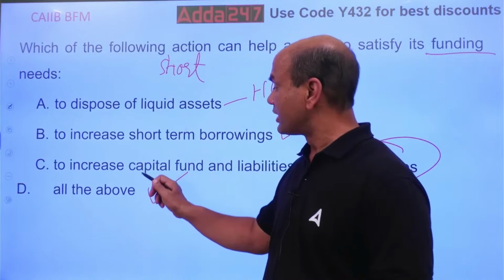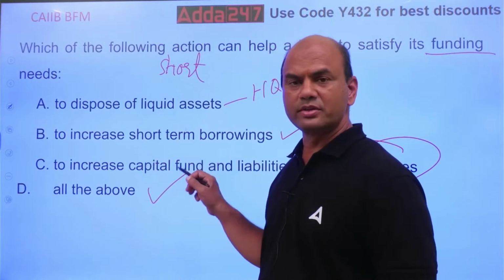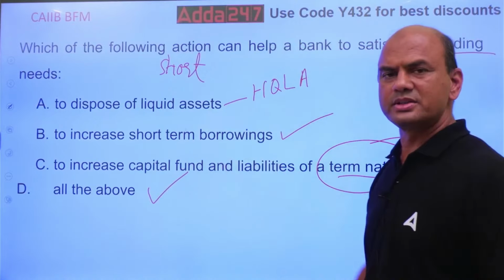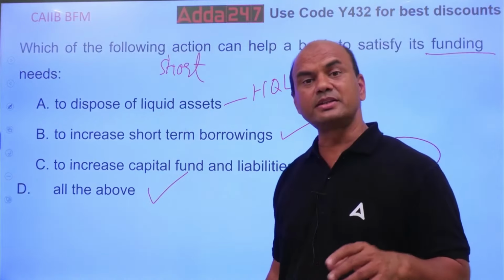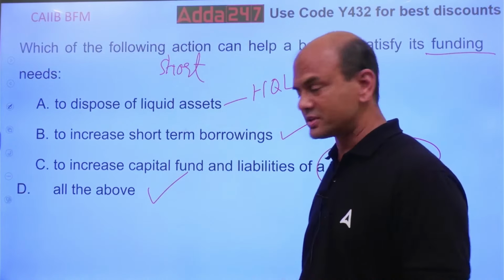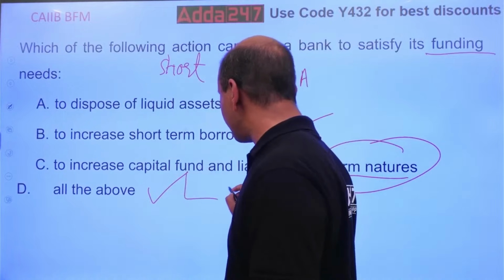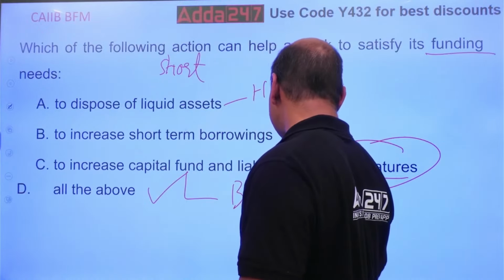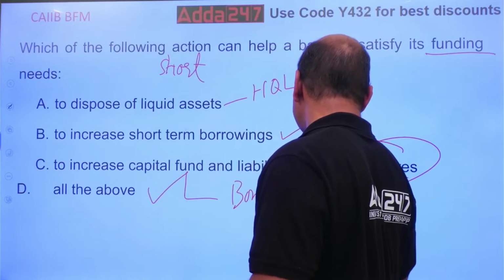Isn't it? What is capital funds? Okay, you got this liabilities concept, FD. What is this capital funds? Capital funds means I'll issue the bonds. Bonds issued of long-term nature. Bonds issued, kindly note, issued, not purchased.